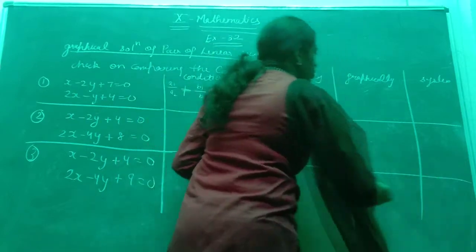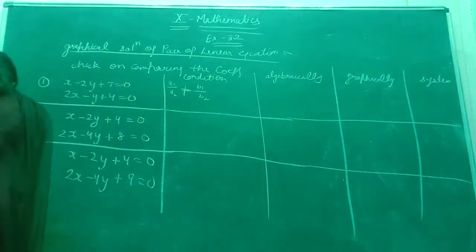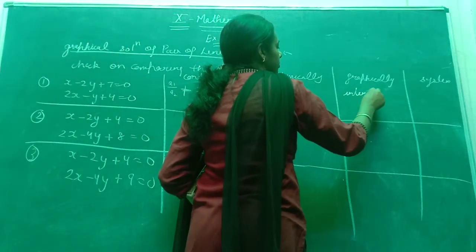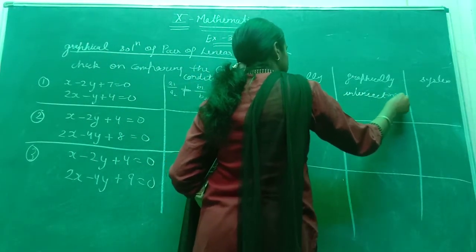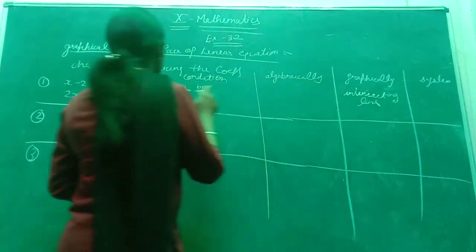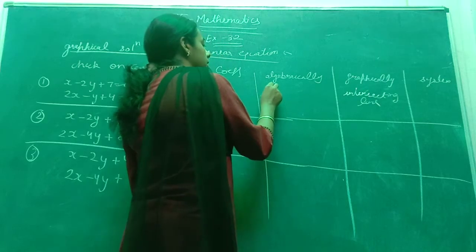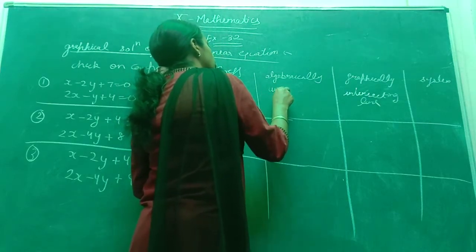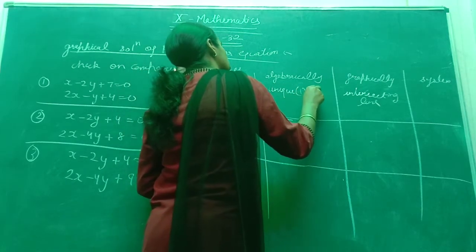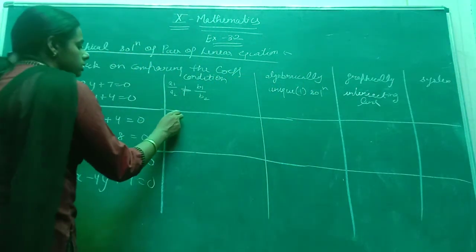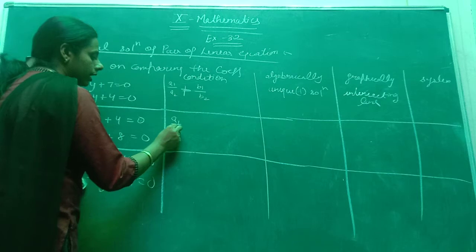Algebraically what the solution are possible, graphically in this case you can say that the lines are intersecting lines. After comparing these coefficients you can say that the lines are intersecting, they have unique solution, or we can say that the one solution.